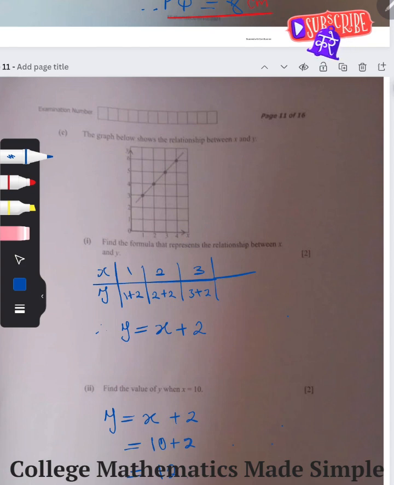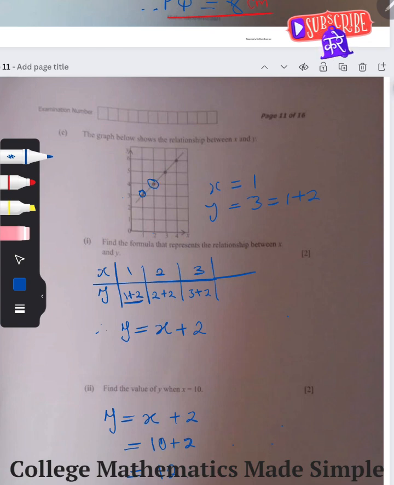The next question is just about the graph. We want to find the formula that represents the relationship between x and y. Now observe one thing. When x is 1, y is 3. So we can write 3 as 1 plus 2. That is why I wrote 1 plus 2 here. Now when x is 2, y is 4.